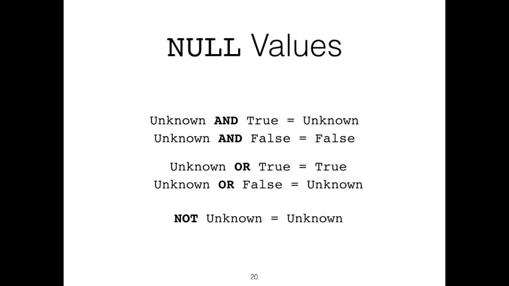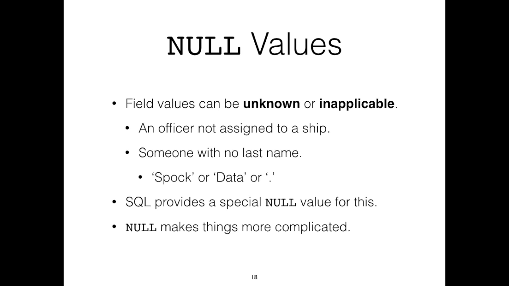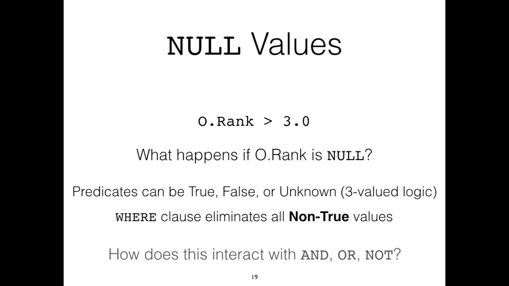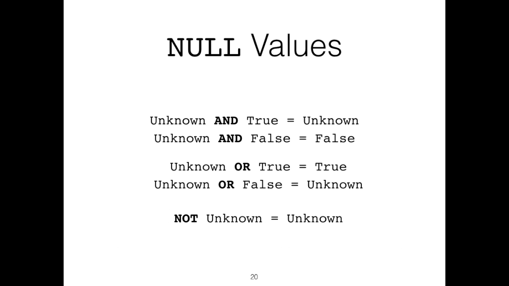This is the cause of way more bugs than I'd care to describe in my SQL queries, because if you have a null value in your data and you go back to this, so if O.rank is null, then O.rank is both greater than and less than 3. So bear that in mind. That comes up in quite a few places.